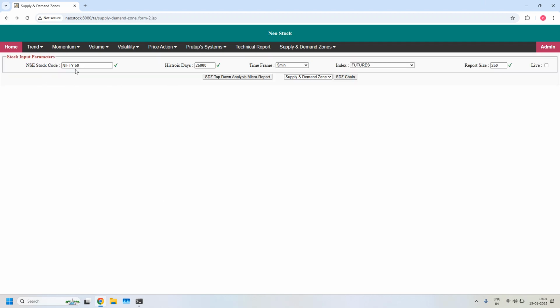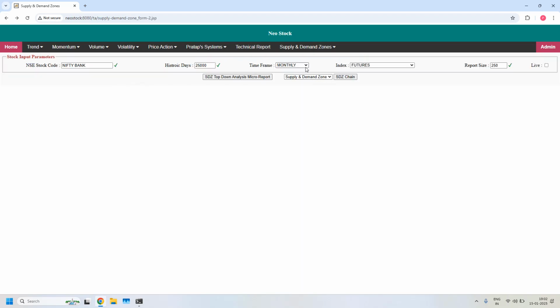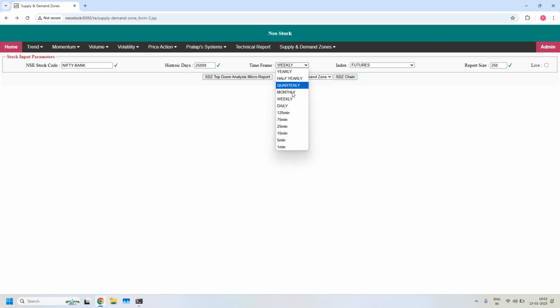Next, Nifty Bank, that is nothing but Bank Nifty, generating monthly supply demand zone chain for Bank Nifty. Next, weekly supply demand zone chain for Bank Nifty. Next, daily supply demand zone chain for Bank Nifty.